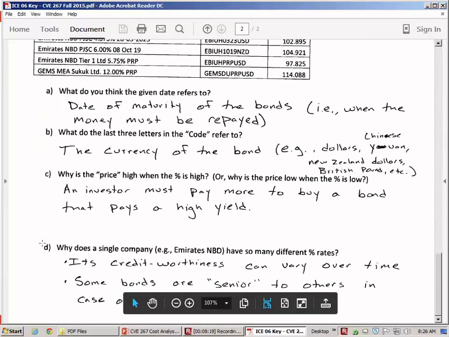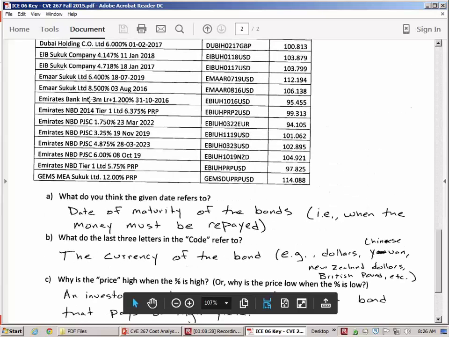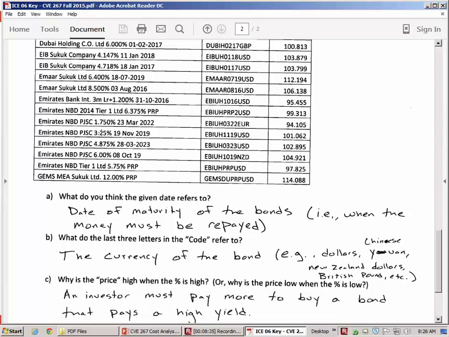All right. Part D is back to that idea of why does a single company have so many different interest rates? So Emirates NBD, if we look at Emirates NBD, they have some that are paying 1.75, some that are paying 3, some that are paying 4, 6.